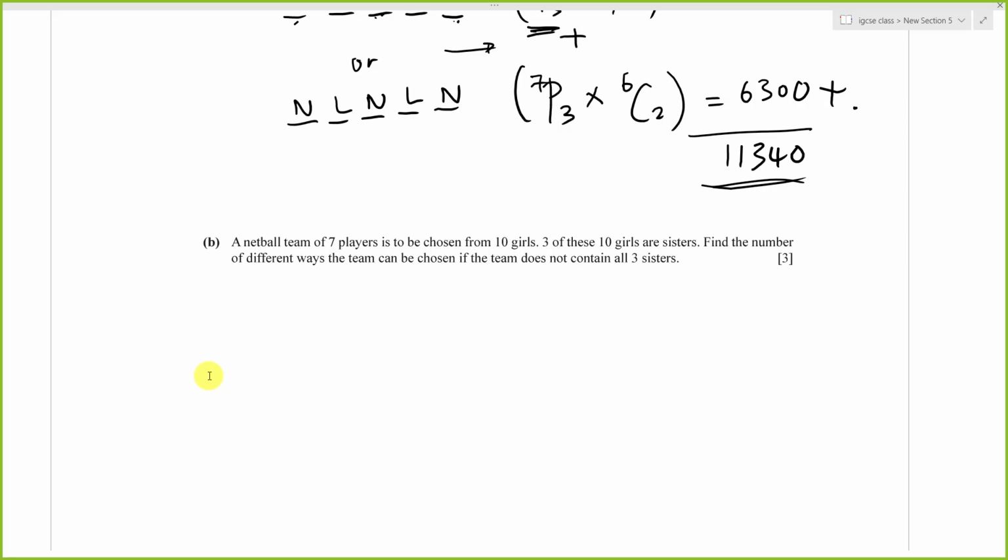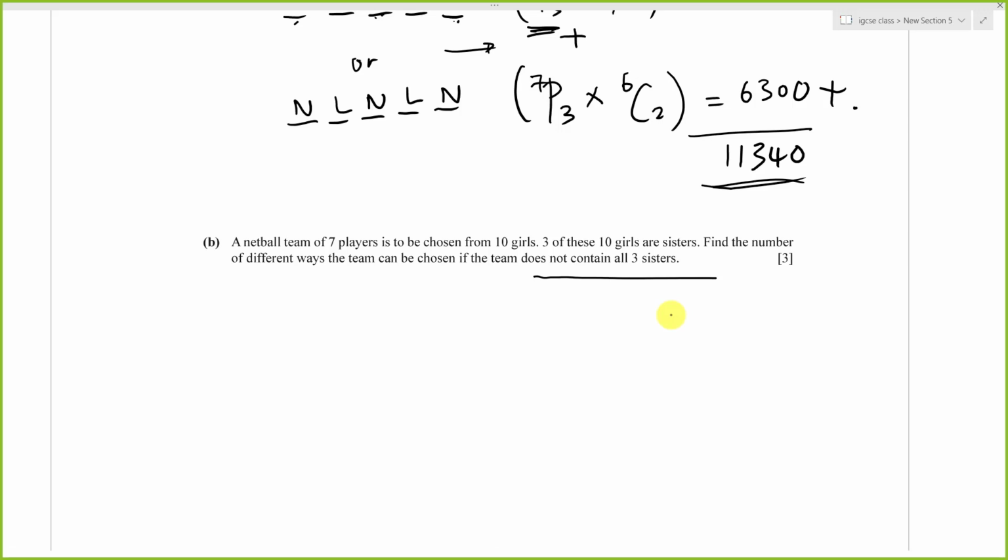With this kind of question you must read carefully and understand the question. Does not contain all 3 sisters. I believe they can accept 2 sisters or 1 sister or none, 0 sisters. So it just cannot have all the 3 sisters. I guess that's what this question is trying to say. So because of this, there are a few ways you can do it.